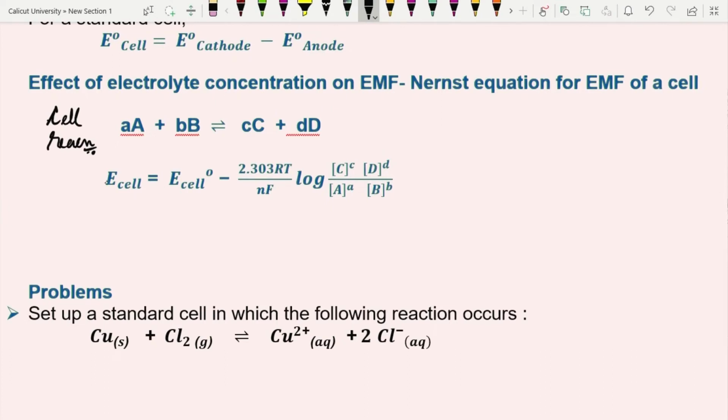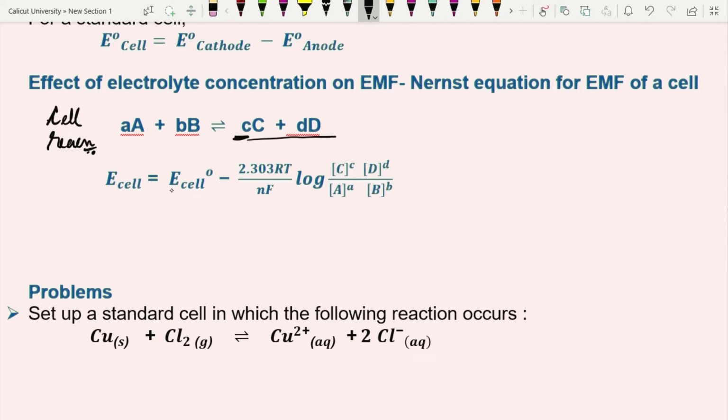So, instead of E of electrode, we take E of cell, and that will be E naught of cell minus 2.303 RT by nF log of the products: the molar concentration of C raised to the power c, and of D raised to the power d, divided by the molar concentration of A raised to a and the molar concentration of B raised to b.